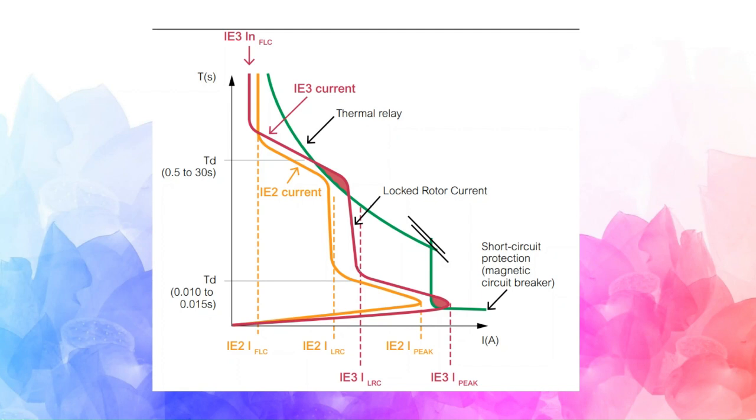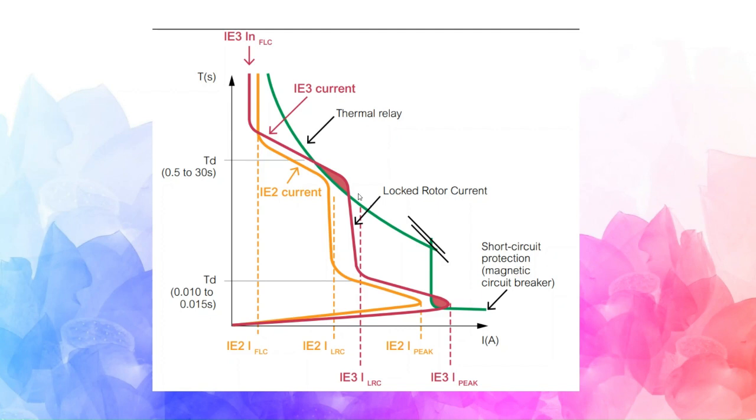And the thermal relay also works somewhere here. For example, this thermal relay is not suitable for the IE3 because it is crossing the IE3 part here, but it is suitable for IE2.